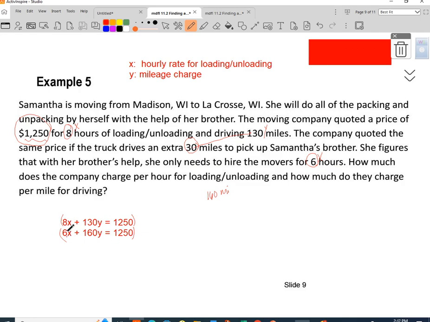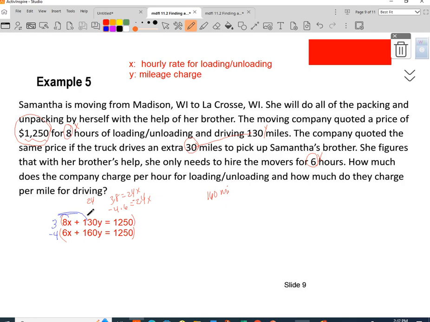So I'm looking here, I see 8 and 6 are both factors of 24, right? So 3 times 8 is 24, and 4 times 6 is 24, but I do need opposites. So if I do negative 4, I'd have a negative 24, and I'd have my opposite pair. So that's what I'm going to do. Multiply this first equation by 3, because that'll give me 24x, and multiply the second equation by negative 4, because that will give me negative 24x.